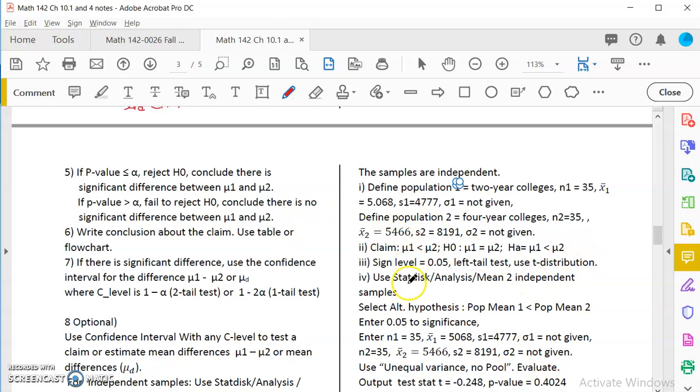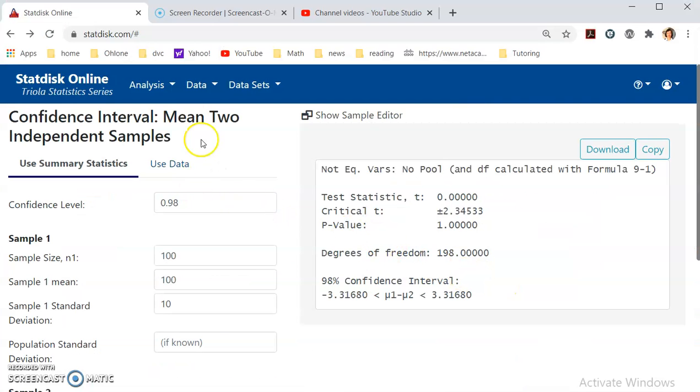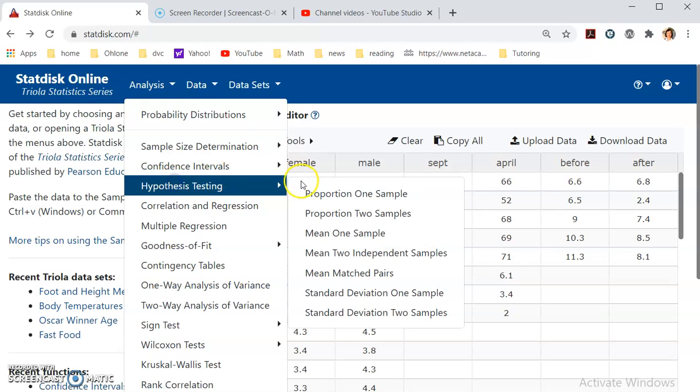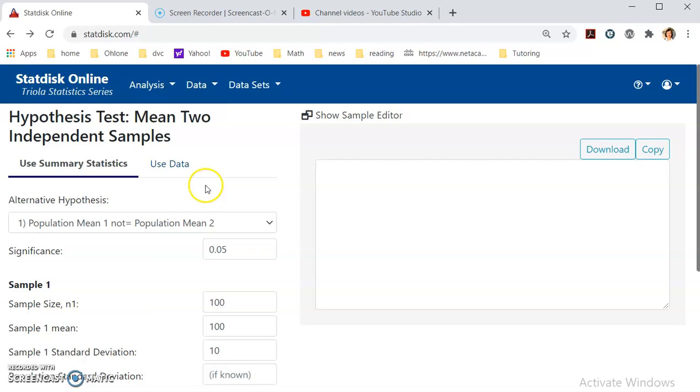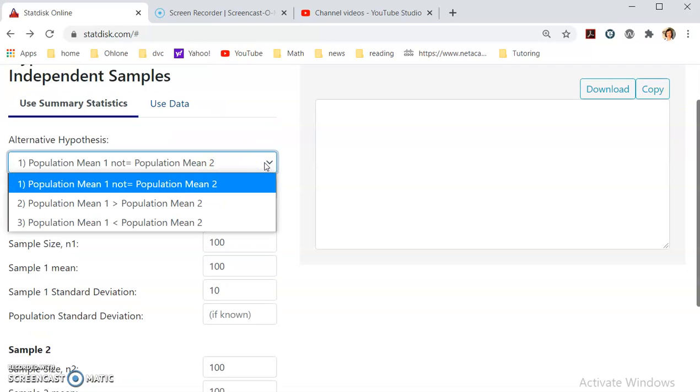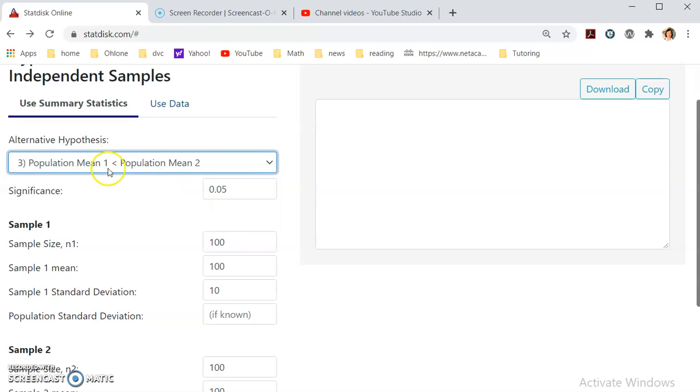The command that we use is analysis, mean two independent samples, because they're independent. So I'm going to clear all this first. And I say analysis, hypothesis testing, mean two independent samples. First is to choose the alternative hypothesis, that is mu1 less than mu2.